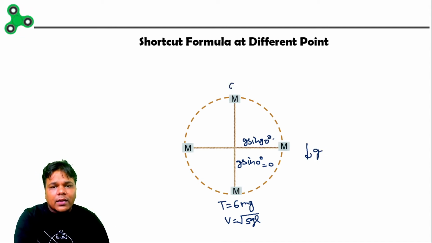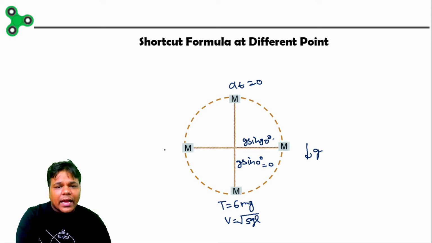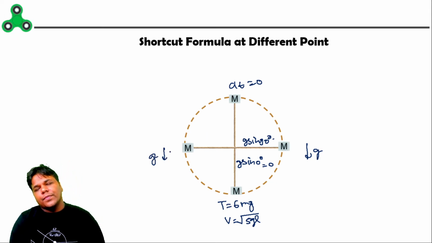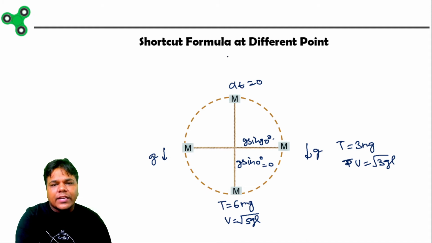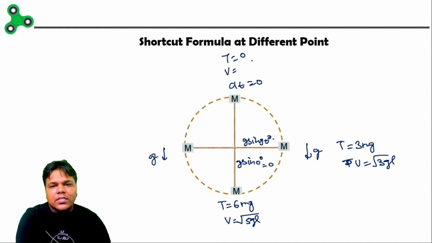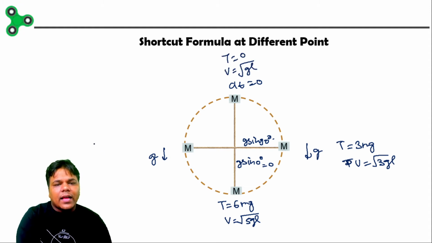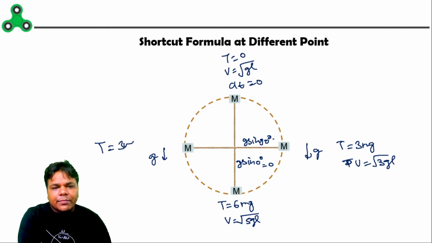Now regarding tension, tension here will be 3 mg, velocity here will be under root 3gL, tension here will be 0, velocity is under root gL, and tension here will be 3 mg, velocity is equal to root 3gL.